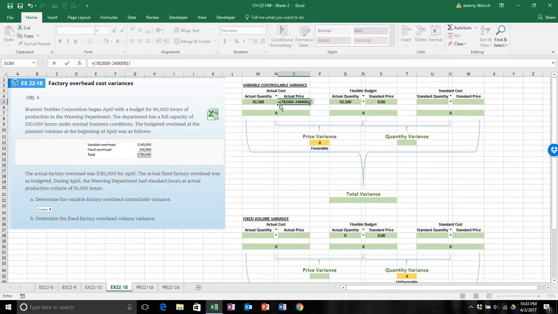Then we just divide that by our total hours. So the actual price was $5.86, which gets us to our variable controllable cost, our actual cost of 542,000.